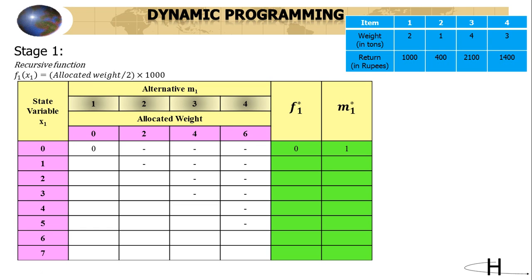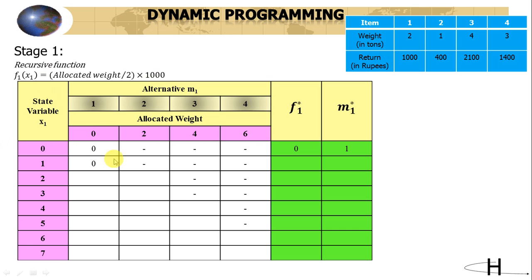Now let us consider the value of state variable is 1 ton. At the same time weight allocated is 0 ton. So when the allocated weight will be 0, so 0 divided by 2 multiply by 1000, the recursive function value will be 0.